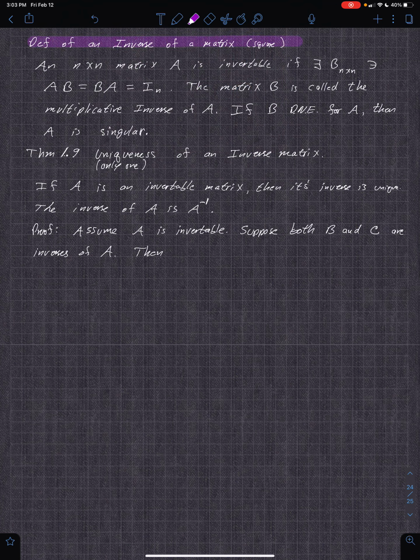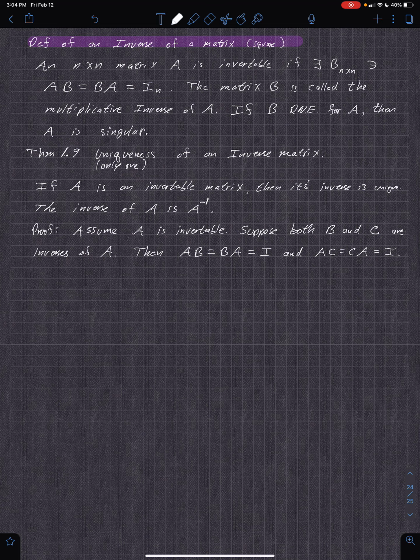We get that the product is equal to I. So by definition, we have A times B is equal to B times A, which equals I. And we have the same thing for C, because we're assuming they both are inverses. So A times C is C times A, which is equal to I.